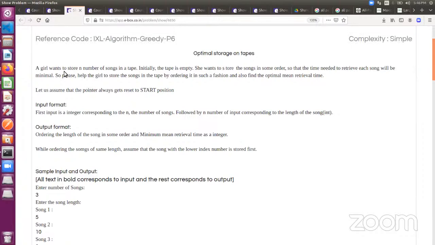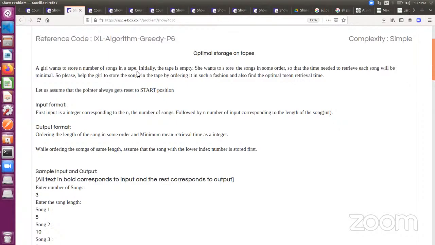A girl wants to store n number of songs in a tape. Initially, the tape is empty. Tape means like in the olden days we had the tape recorder, right? Nowadays we can simply click a button and switch the songs. But in olden days it was not that case. You have to start from the first, and then go to the next song.